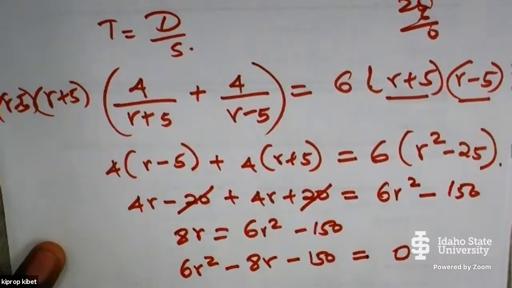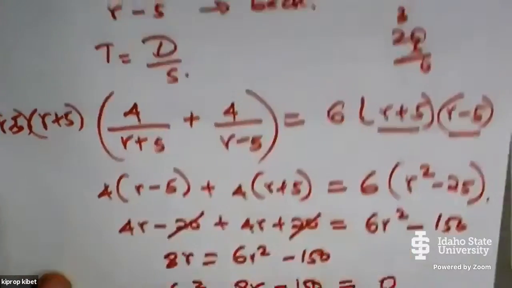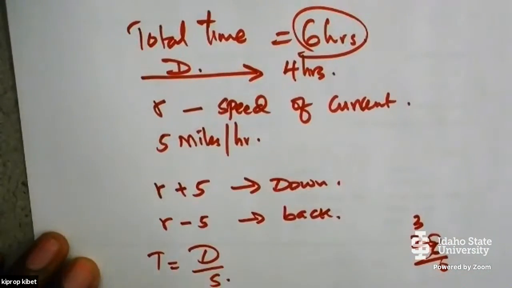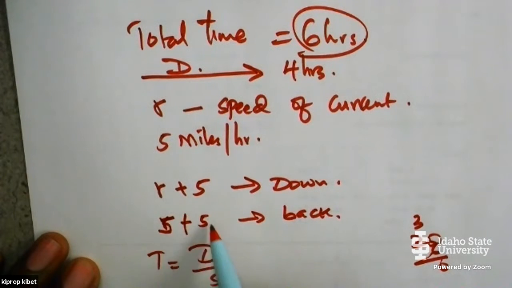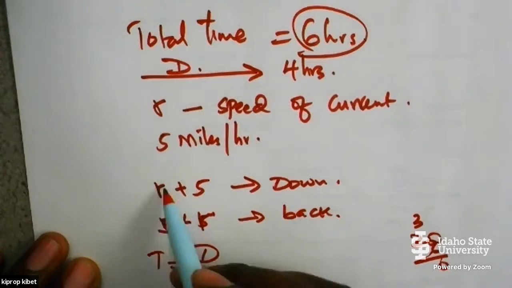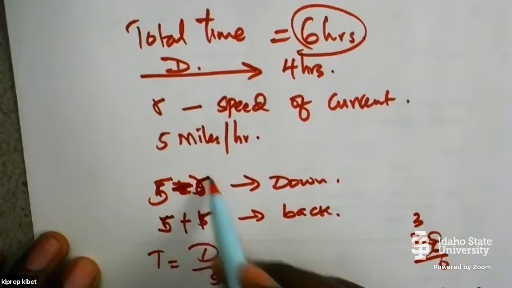So what do you get? I think you're doing it wrong. Here we add, so we say his speed plus the current, and his speed minus the current.